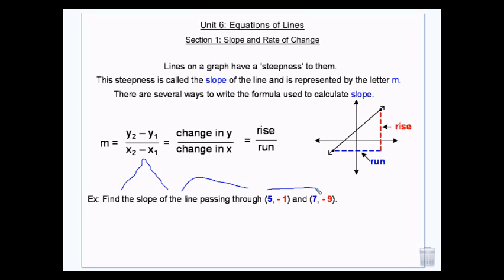So steepness has to do with an angle of elevation. Lines have that kind of angle of elevation also, and that's called their slope. So what we do is, I'm going to erase my mountains and Florida.